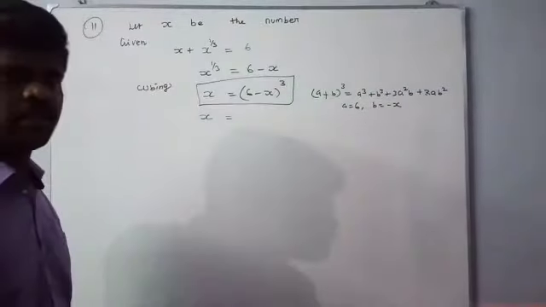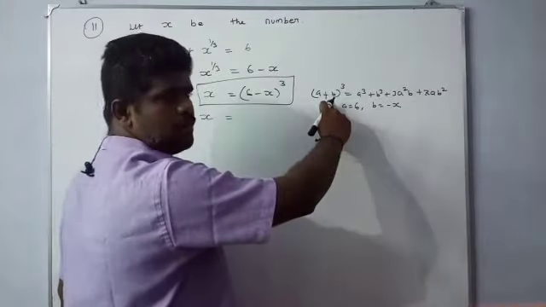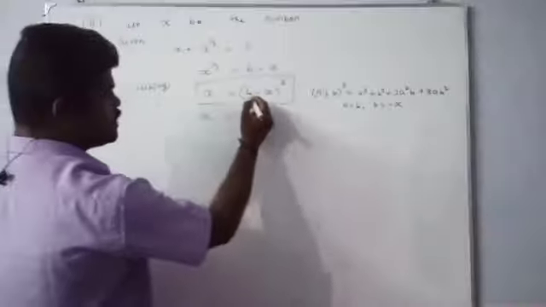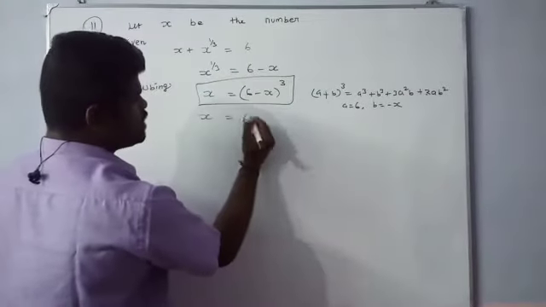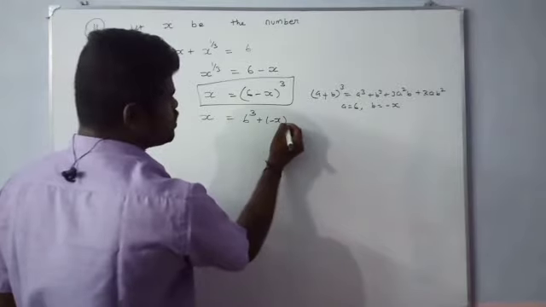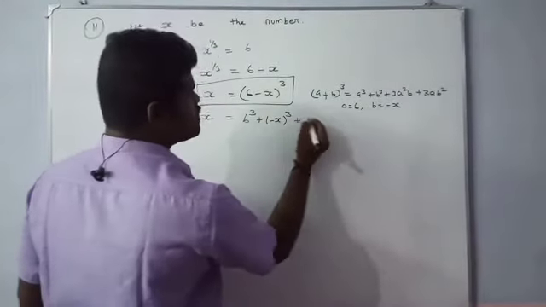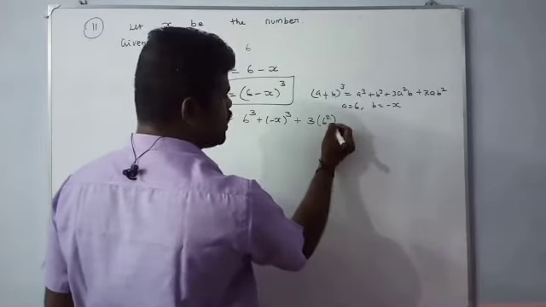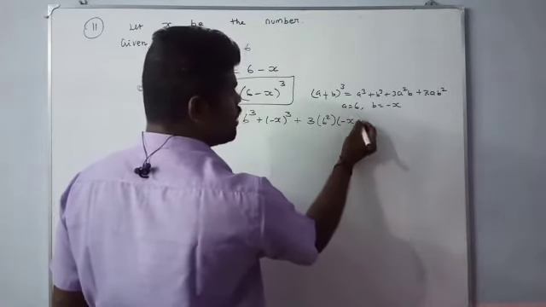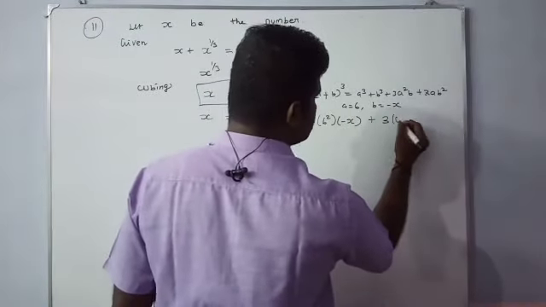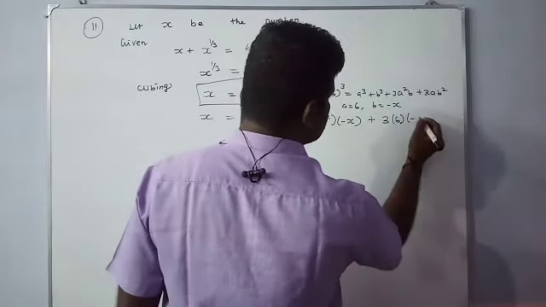So it can be written as a plus b whole cube. So what is the answer? 6 cube plus minus x whole cube plus 3a square b, 3 into 6 square into b value minus x, plus 3a, 6 into b square, minus x the whole square.